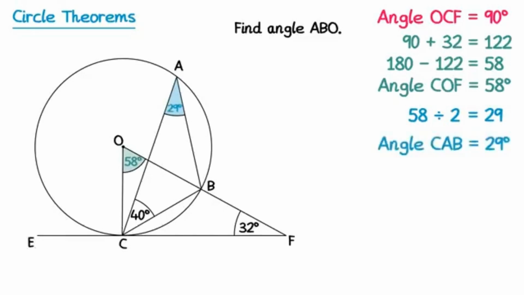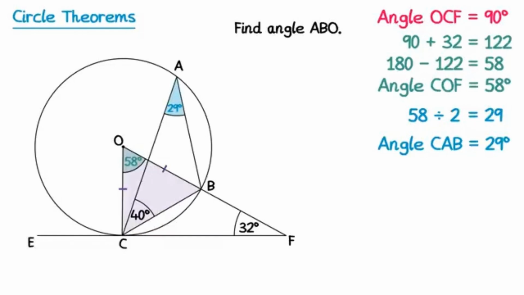Next we're going to look at the smaller triangle COB, this one here. Sometimes in questions there's information that's not necessarily marked onto the diagram, but it is useful. It's useful, for example, to notice that OC and OB are both the radius of the circle. This means they're the same length. We can mark that onto the diagram, but it's very often not given to you. You need to be able to spot this information yourself.